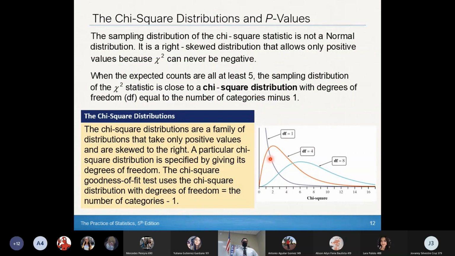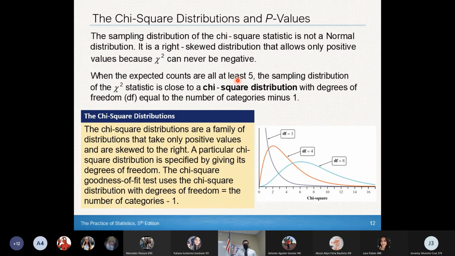So the sampling distribution of the chi-square statistic is not a normal distribution. It is a right-skewed distribution that allows only positive values, because chi-squared can never be negative. When the expected counts are all at least 5, all right, this is a new condition. This is one of the conditions that we're going to have to check for performing an inference with chi-square.